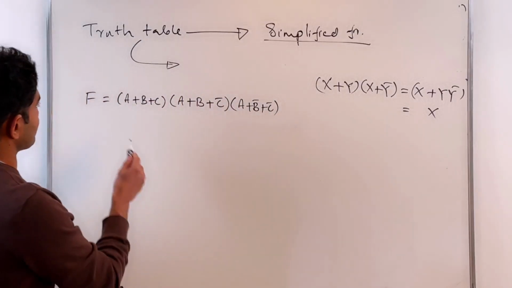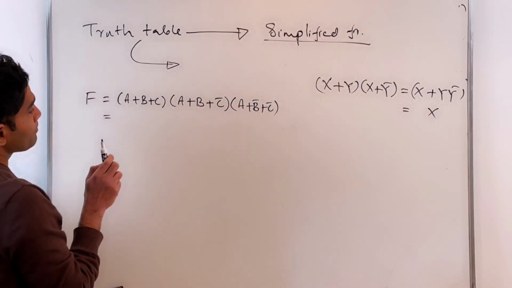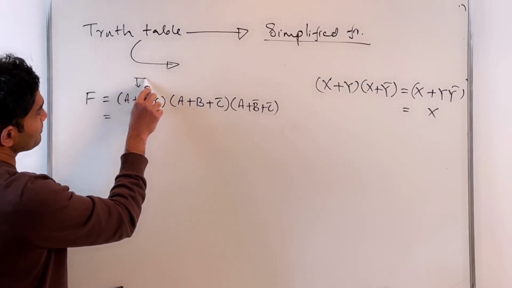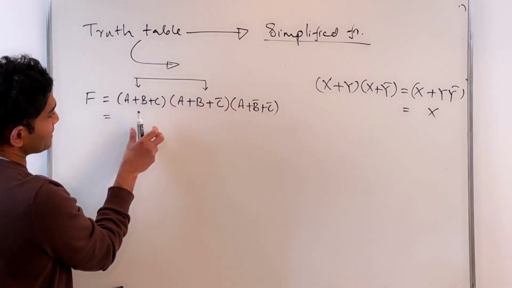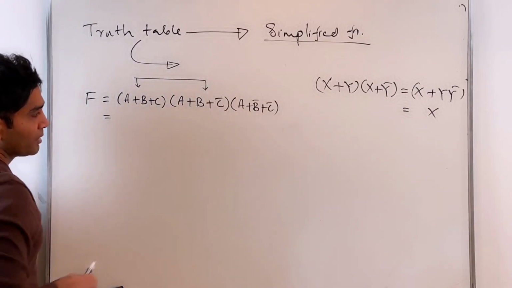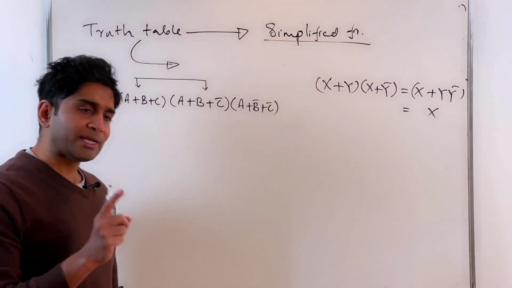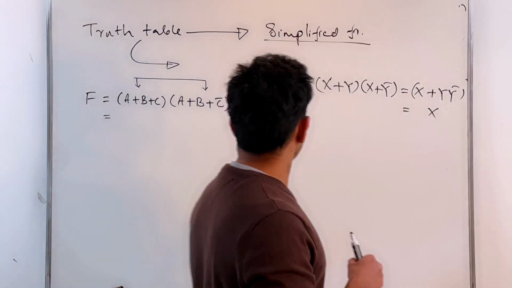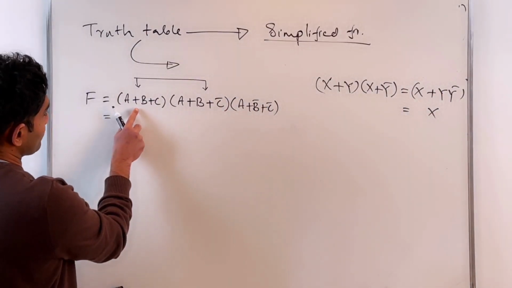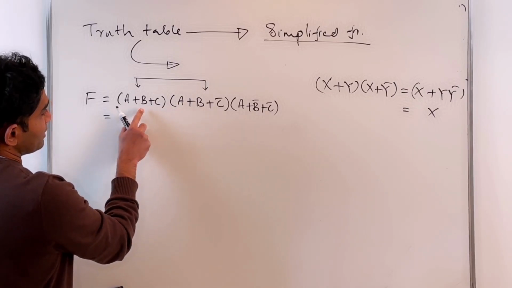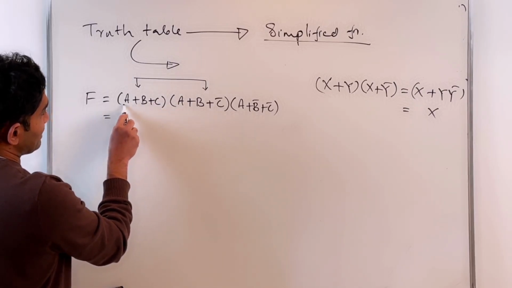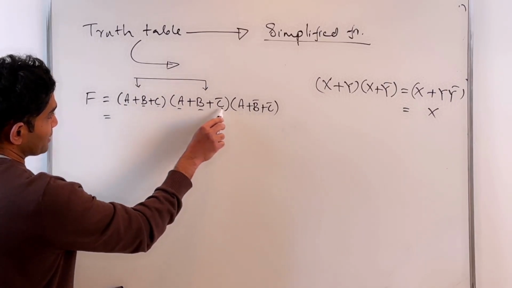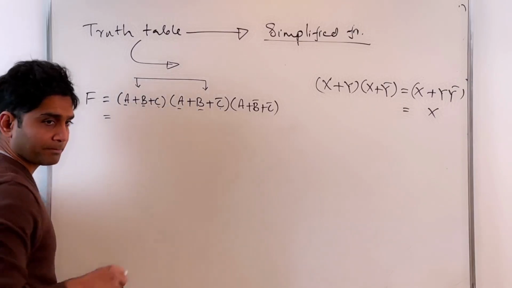Okay. So what do I have? Now, the trick is you observe these sum terms carefully, going from one sum term to the next sum term. Every time I only have one variable that changes, I would combine them. And I see that in this, when I go from here to here, my A and B are constants, they don't change. Only one variable changes, C changing from C to C prime.